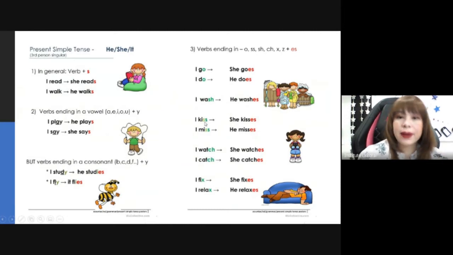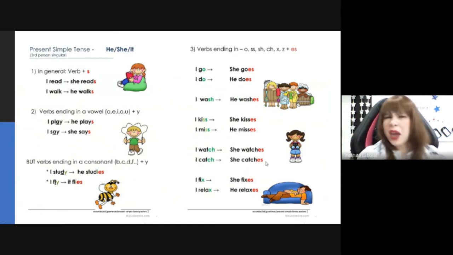I kiss, she kisses. I miss, he misses. I watch, she watches. I catch, she catches. I fix, she fixes. I relax, he relaxes. In all these cases, you observe the extra syllable es.